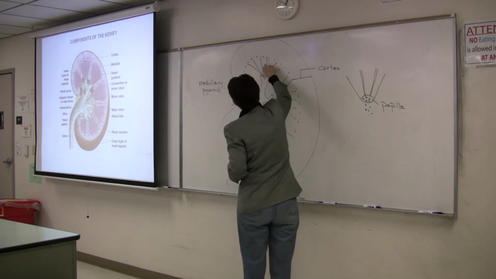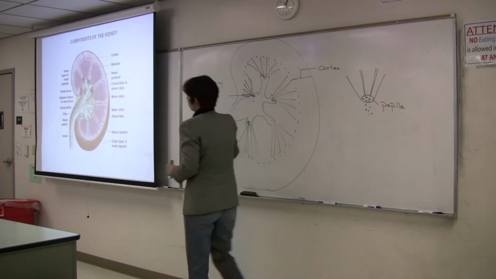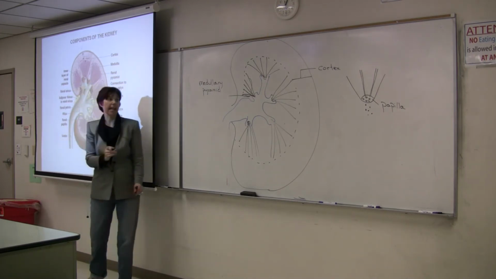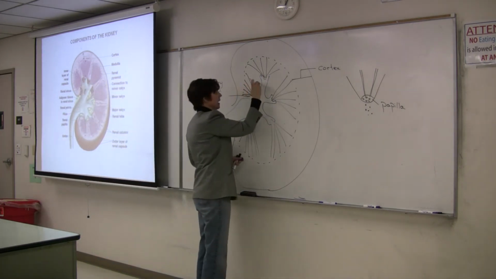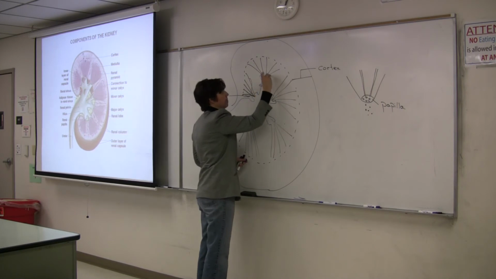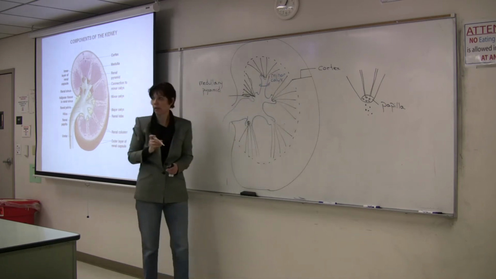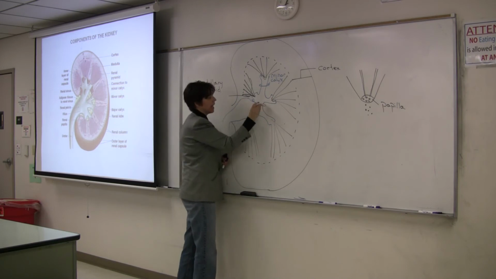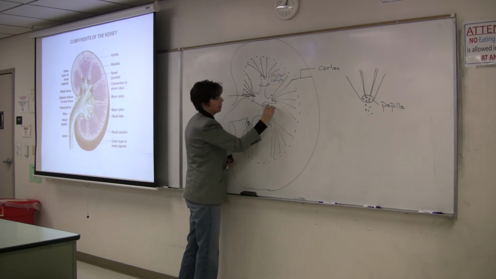So each channel that each pyramid drains into, say one of these right here, is known as a calyx, and it's identified as a minor calyx. Right? And then two or more minor calyces join together to form a major calyx.